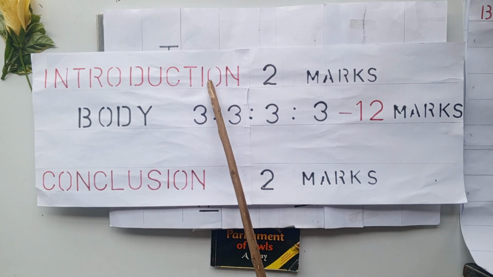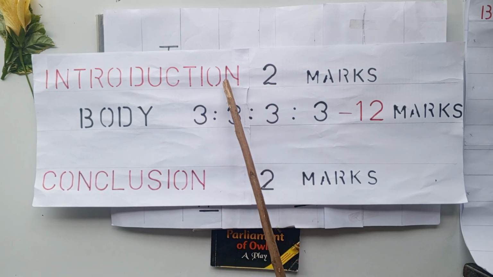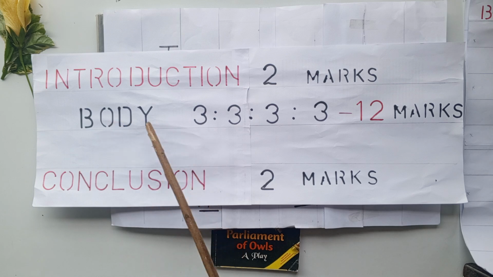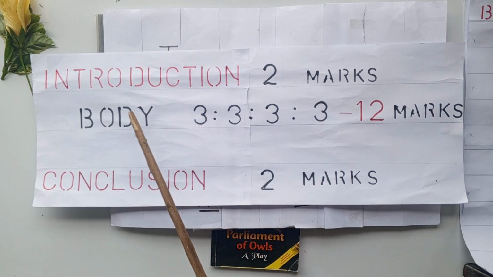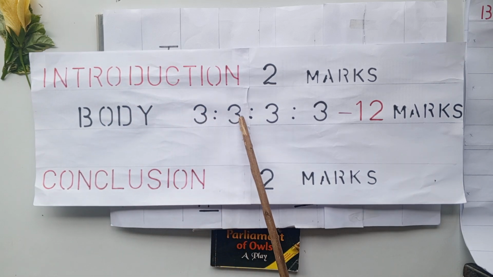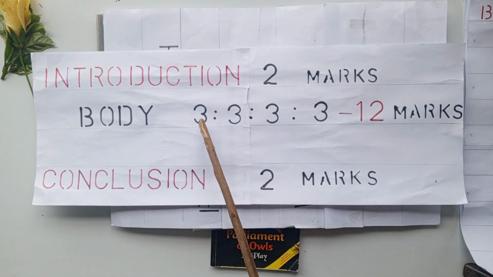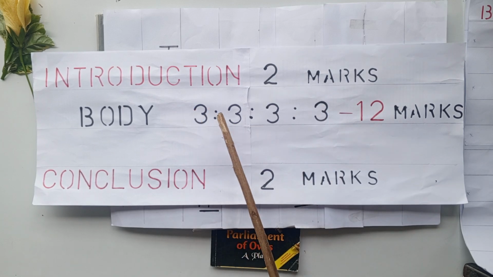You score marks for a good introduction. You're given 2 marks. Now, after the introduction, you write 4 more paragraphs, so that the body has paragraph 1, paragraph 2, 3, 4. Per paragraph in the body, you're given 3 marks each.